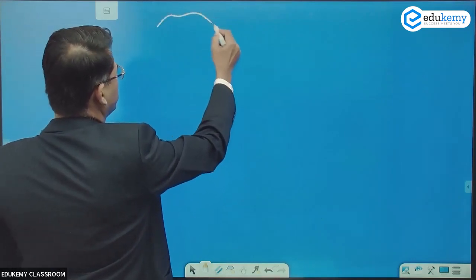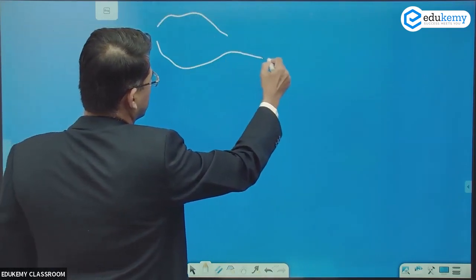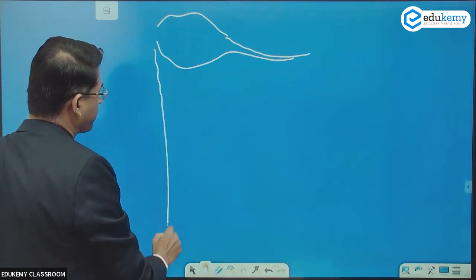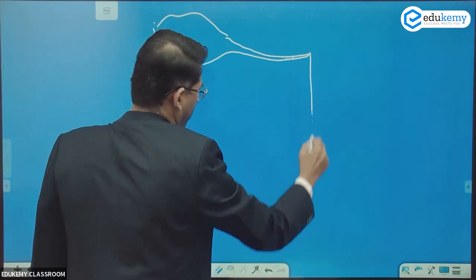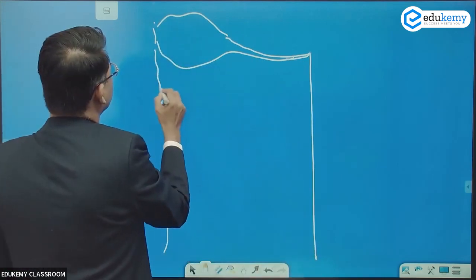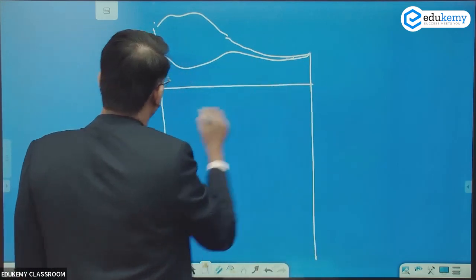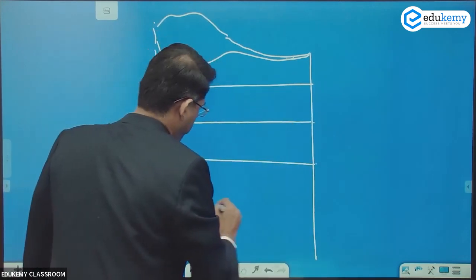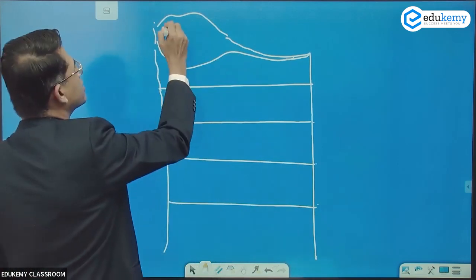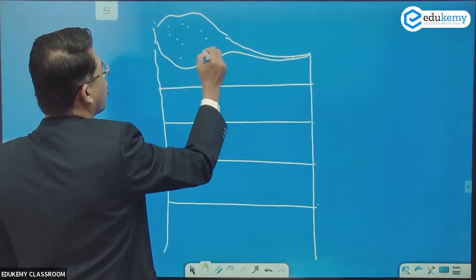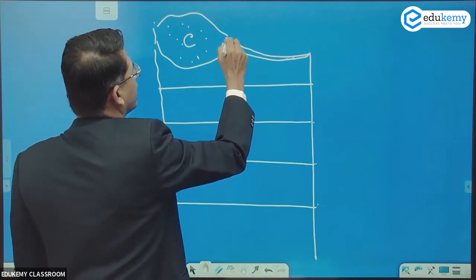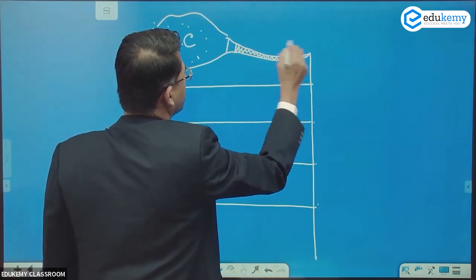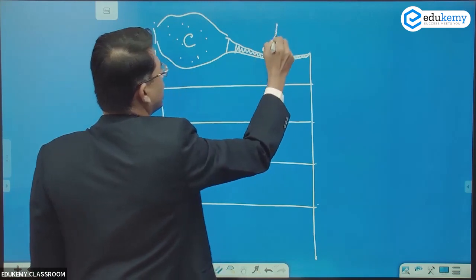So this is the continent. This is the ocean.